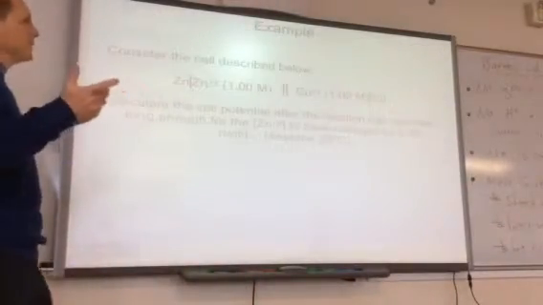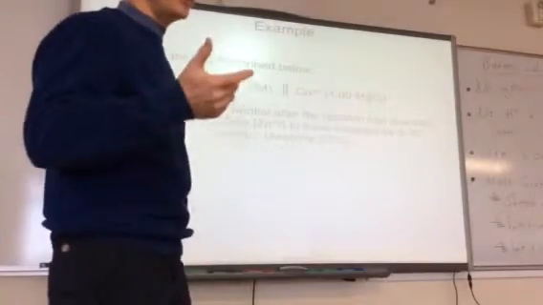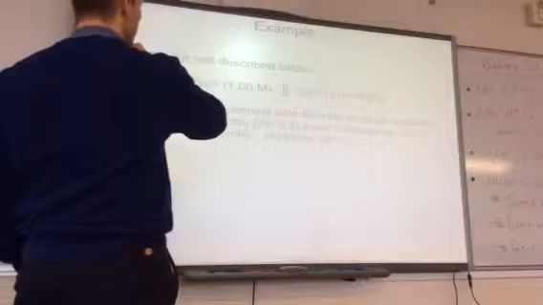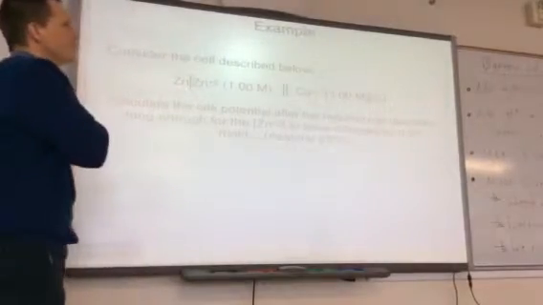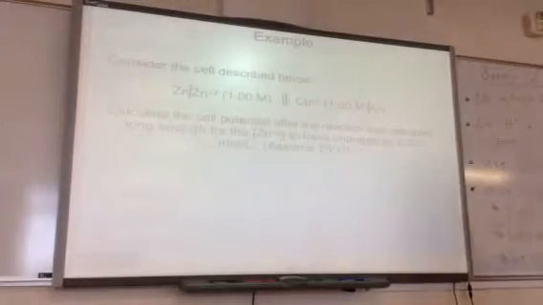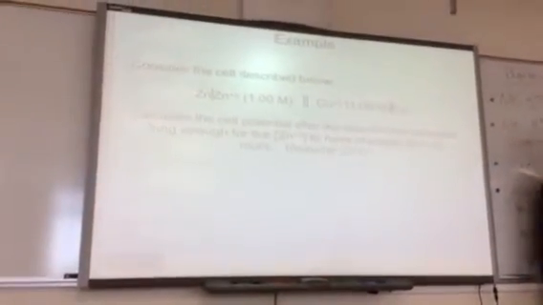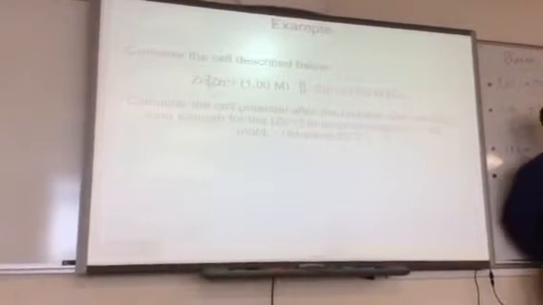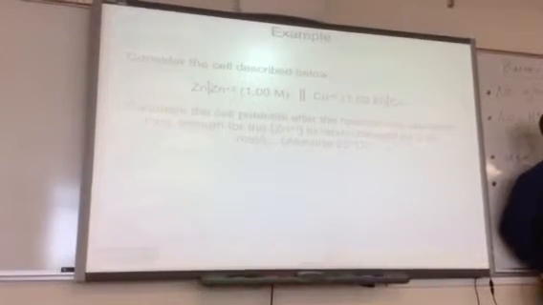The first example I'd like to go through with you, but at first, now that I've shown it up here, I want you to just look at it and ponder it and see if you can make sense of what they're asking for. You want to know what the cell potential is, but see what you're given, and would you be able to do this?